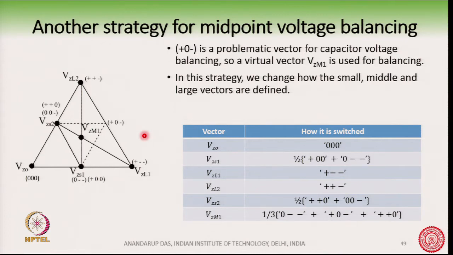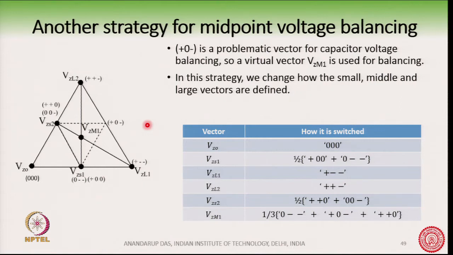That is why you see here we have used these black circles for the vectors, but we have not used any black circle here. So, that means this vector we will not use in the conventional way.